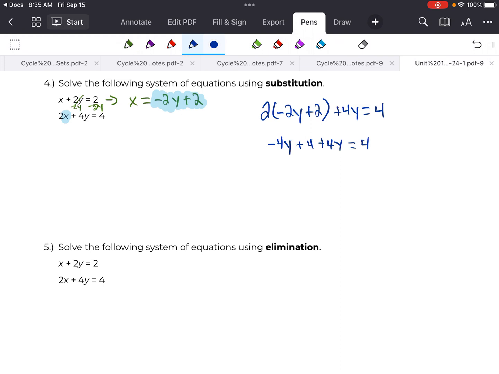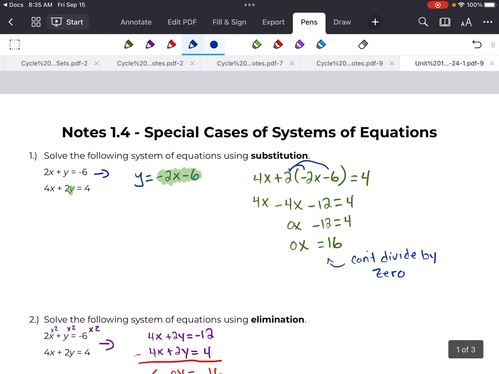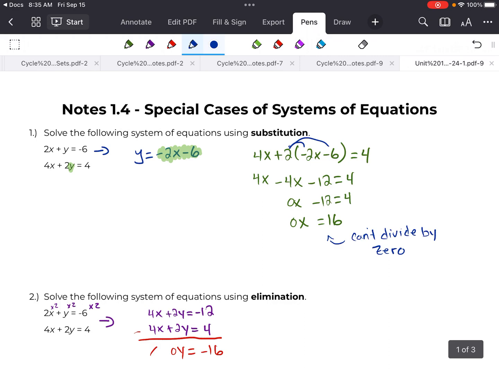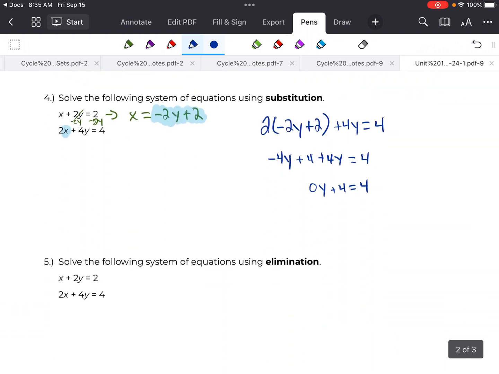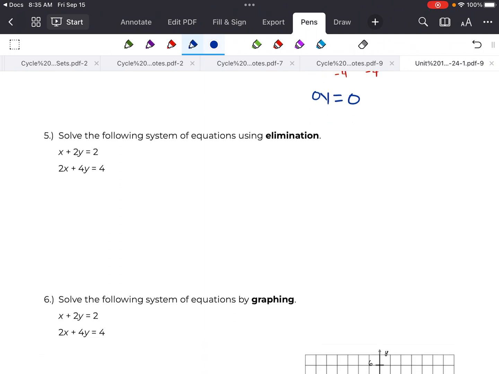Collecting like terms, again, we end up with 0y, but this time, before, we ended up with 0x equals 16, a whole number. This time, if we were to continue on, even though we know that there's 0 y's, we subtract 4 from both sides, we get 0y equals 0. Okay, it's a little bit different. Let's continue on, and hopefully we can see the special case.